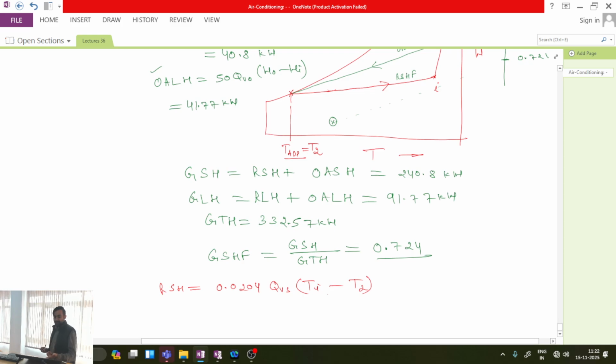I know T2, I know TI. Can I calculate QVS from here? Please tell me how much is QVS? Please tell me the value.